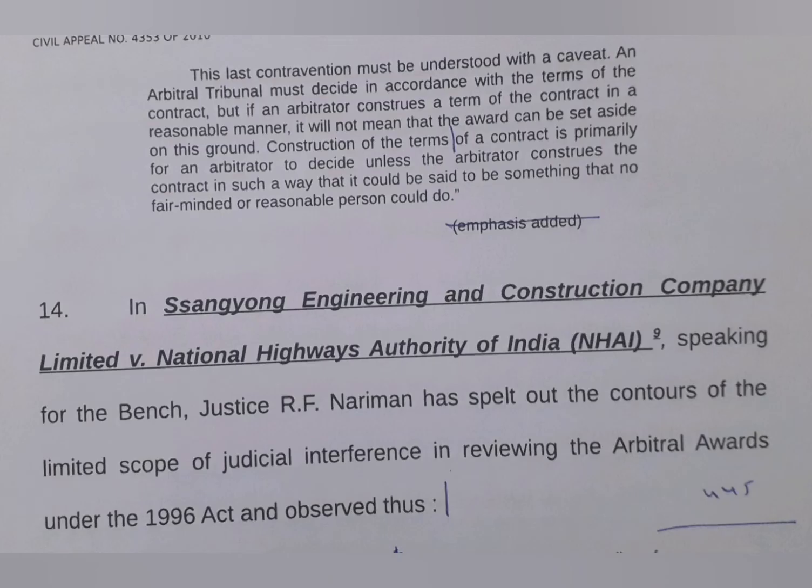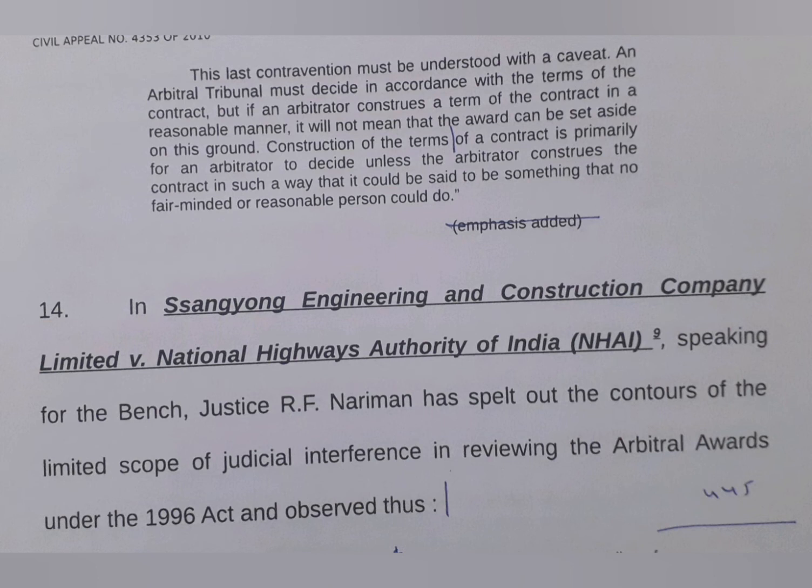This last contravention must be understood with a caveat. An arbitral tribunal must decide in accordance with the terms of the contract, but if an arbitrator construes a term of the contract in a reasonable manner, it will not mean that the award can be set aside on this ground.